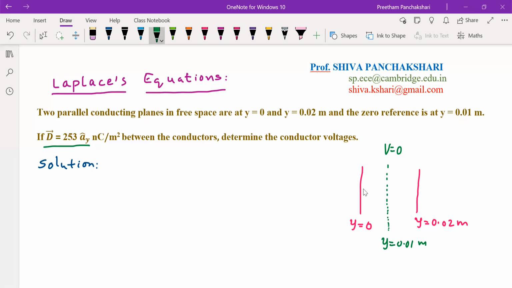But in this problem, we have to find the conductor voltages. That means we have to find the voltage on the first conductor, let it be V1, and the second conductor V2. So we have to find the values of V1 and V2.